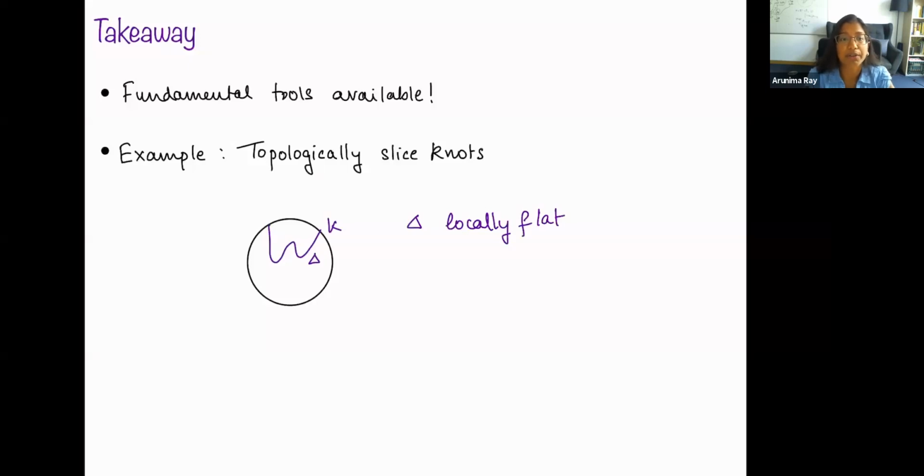Like I remove a neighborhood of that slice disk. But all I know at the moment from this definition is that it's locally flat. So why does it even have a nice neighborhood? Even doing something like removing a neighborhood of a slice disk is saying something about there being a normal bundle for that disk. And I needed Quinn to do that.